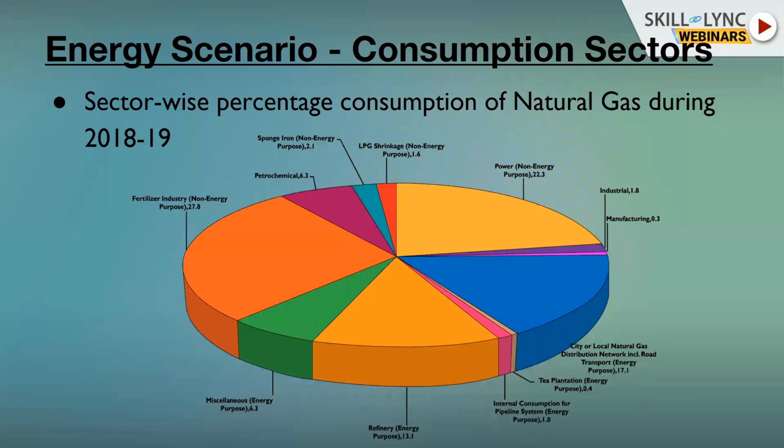So here LPG is utilizing 1.6%, and in the manufacturing sector they are utilizing 0.3%, and in industrial they are using 1.8%. So likewise, they have given each and every sector clearly, and you can also see it through this slide.